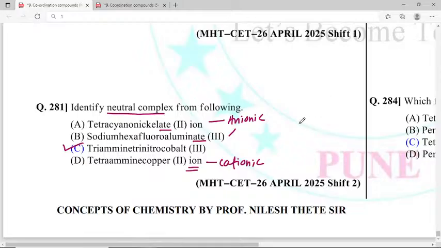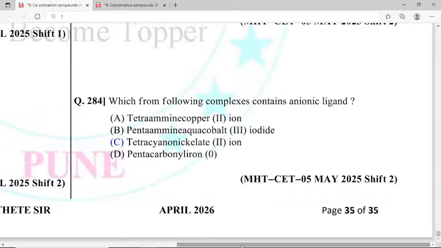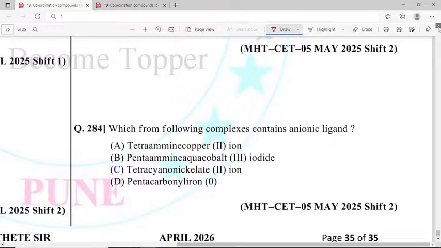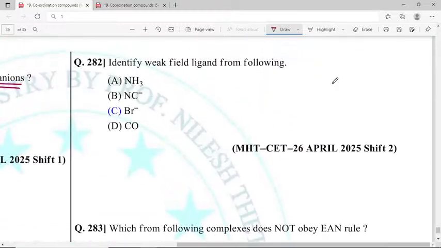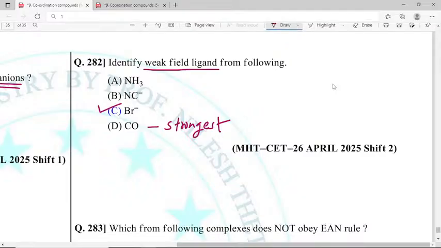Always remember, if the metal name ends with ATE, it is always an anionic complex. Nickelate, aluminate: what do they indicate? Anionic complex, negative charge, coordination sphere. Identify the weak field ligand. Weak field ligand, Br minus. Carbon monoxide is the strongest field ligand. Always remember.